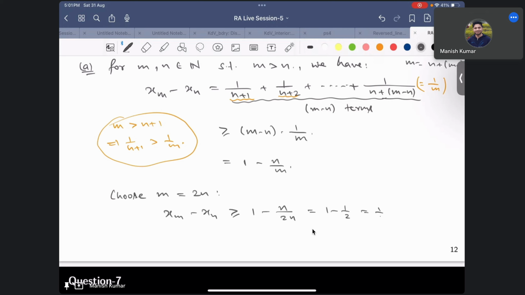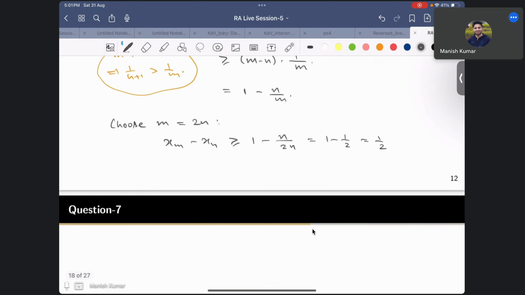So this tells me that x2n minus xn is always greater than or equal to half. That means there is a gap, so it is not a Cauchy sequence. This implies that the sequence xn is not a Cauchy sequence, and hence is not convergent.